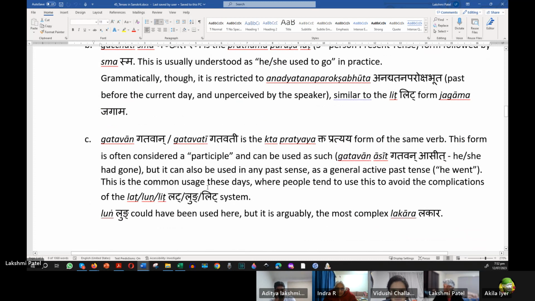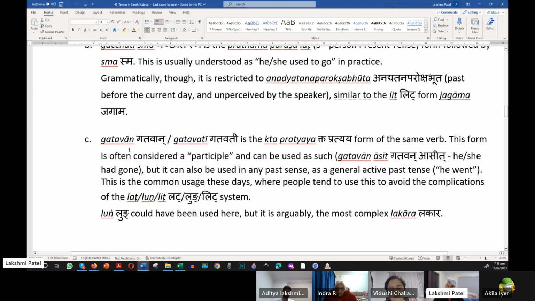Gatavan. Here what is happening is we are adding a pratyay or a suffix to this. It's considered a participle. I don't want to go into the English part of it here. The thing is, it is the tha pratyay form of the verb.